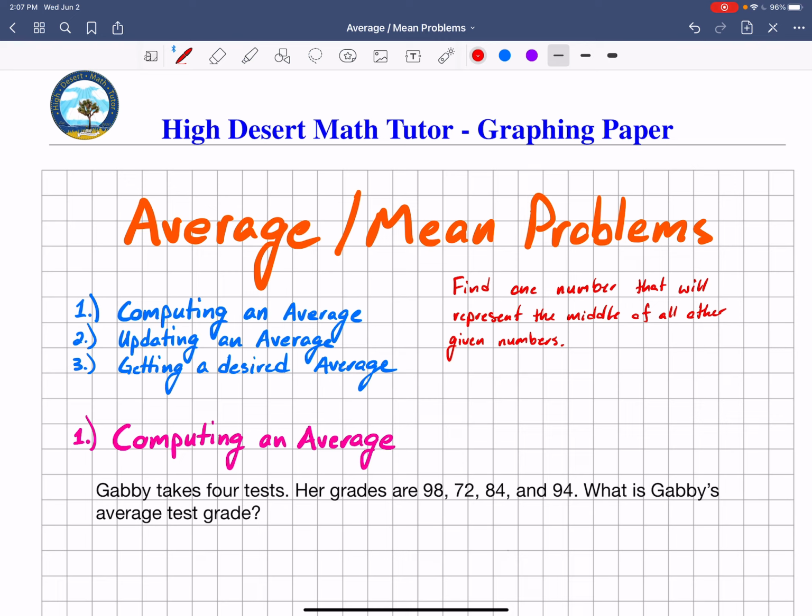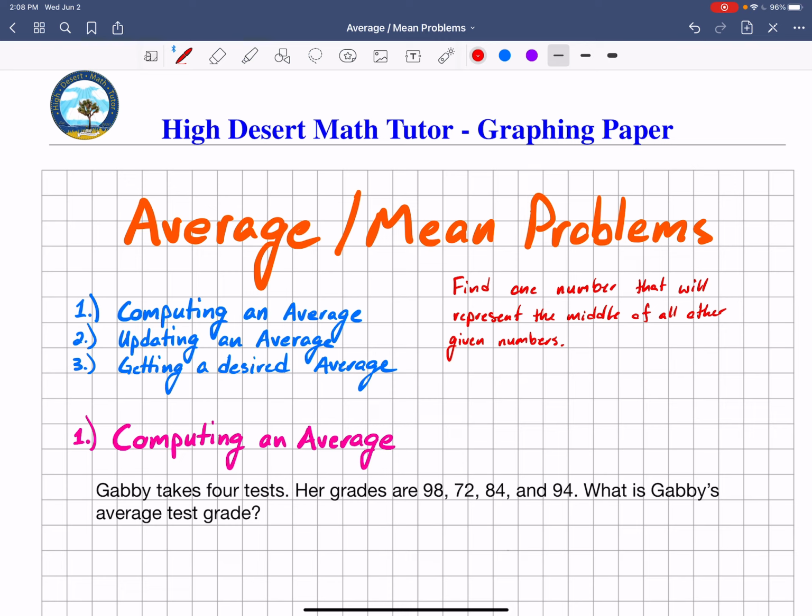But when we're looking at problems that involve averages or means, we may be asked a series of questions that are not as straightforward as just compute the mean. So as an introduction to this video and this topic, we're going to talk about the most straightforward averaging problem, which is just first computing an average. But after we talk about how to compute an average and work a problem out, we'll talk about how to update an average.